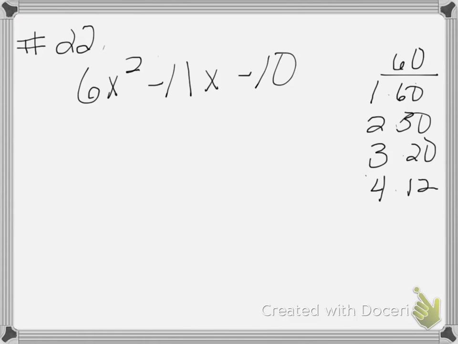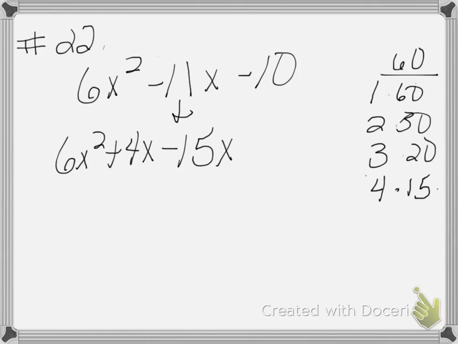Four times 15, that's it. 4 times 15, and 15 minus 4 is 11, so that's what I'm going to split the middle term. Now, I have to have different signs, so I'm going to split this into positive 4x and a negative 15x, because positive 4 and a negative 15 gives me negative 11. So make sure that you split it correctly.